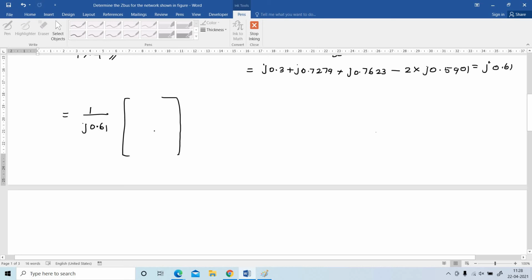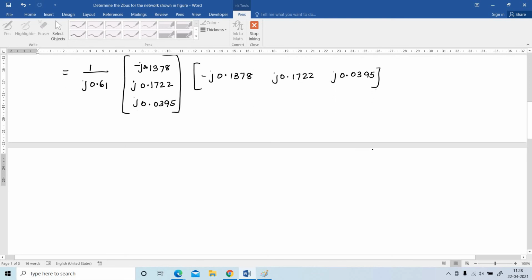Write the last column element minus J 0.1378, then J 0.1722, J 0.0395. Next, minus J 0.1378, J 0.1722, J 0.0395.